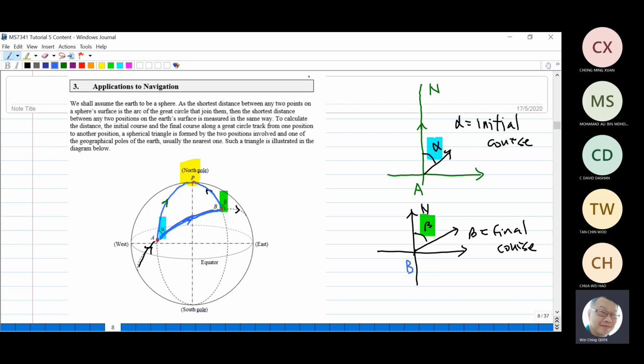North Pole is P. So join the North Pole, you have the meridian. So this is from the North Pole here, this direction toward the North Pole.